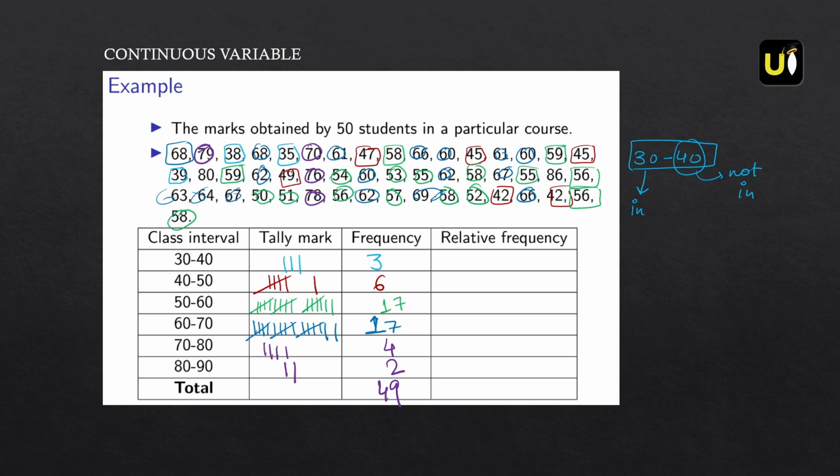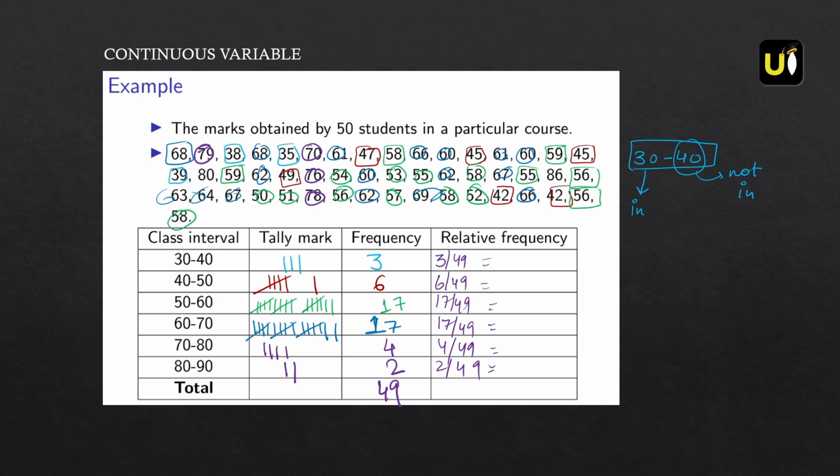Okay, so here the relative frequency will be 3 by 49, 6 by 49, 17 by 49, 17 by 49, 4 by 49, and 2 by 49. So we will find out these.